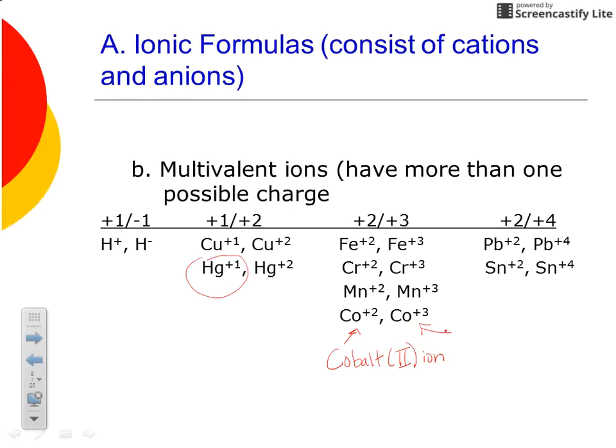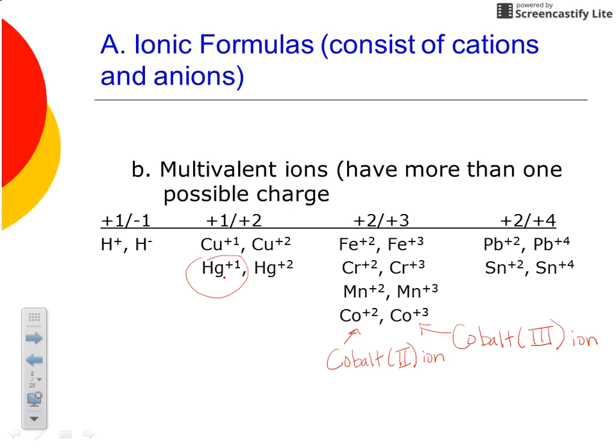If we were referring to cobalt with a +3 charge, we would say cobalt Roman numeral 3 ion. So we use, this is called the stock system, and it's where the Roman numeral represents the positive charge on the cation. So here we would call this lead 2 and lead 4, tin 2 and tin 4.